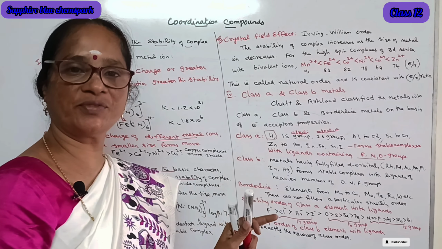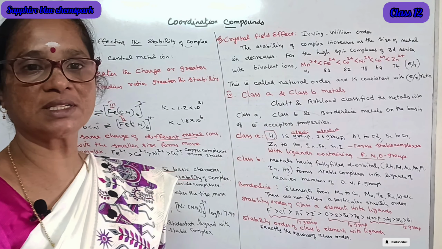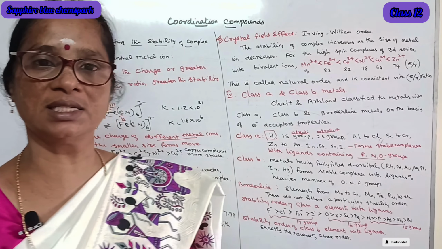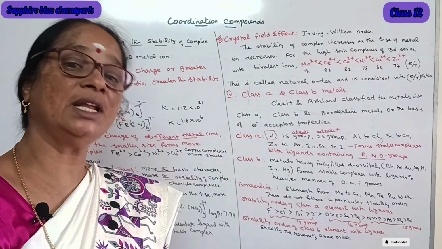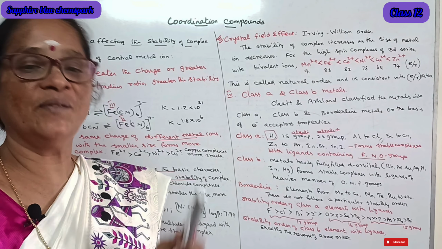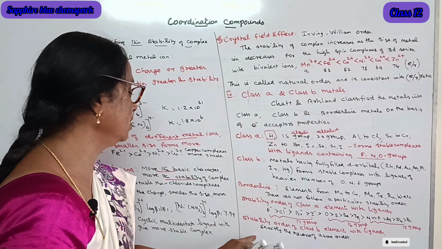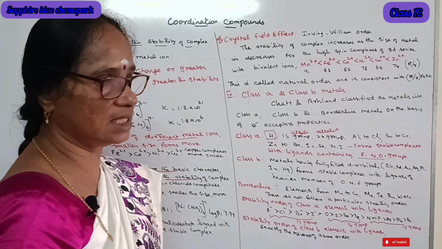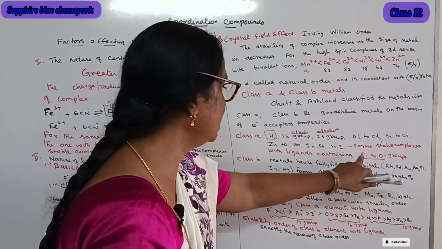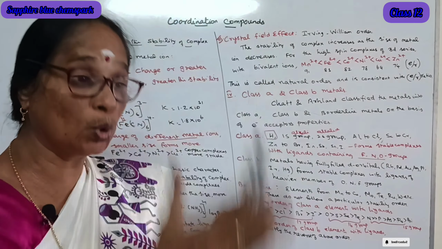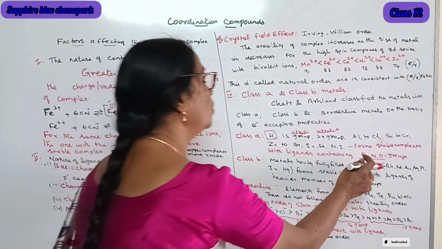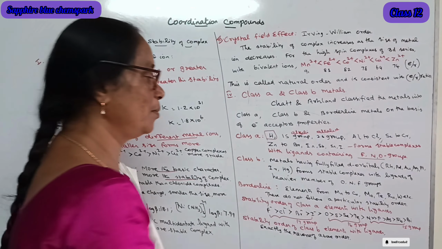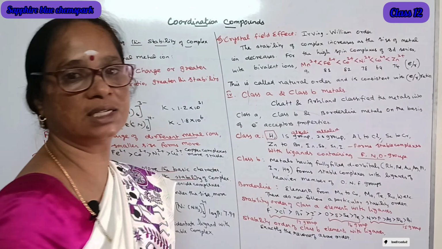Okay, so we classify the metals into class A, class B and borderline, and we said these groups of elements can have complexes with the ligands containing fluorine, nitrogen and oxygen. So how the stability of those complexes will be, that can be given in two different ways. The first one, stability order of class A elements with the ligands containing fluorine, nitrogen, oxygen groups. The fluorine group is the halogen family, the nitrogen group is the nitrogen family and the oxygen group is the oxygen family.